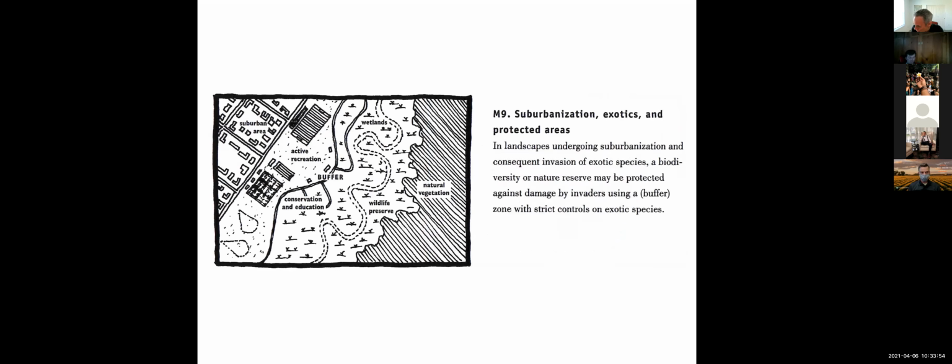So in cases where larger patches are set aside as conservation areas, they may come under threat from nearby suburbanization, which tends to introduce invasive plants, as we've talked about previously, and animal species. And in those situations, a buffer zone with strict controls on invasive species can be created between the area of development and the conservation area to help keep those invasives from infiltrating the reserve.